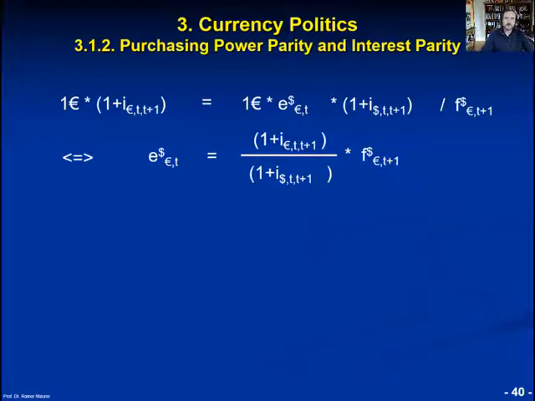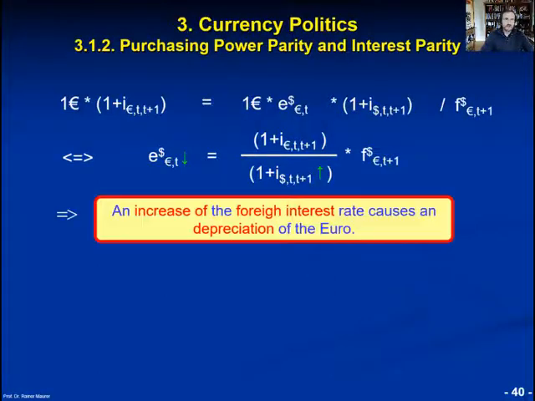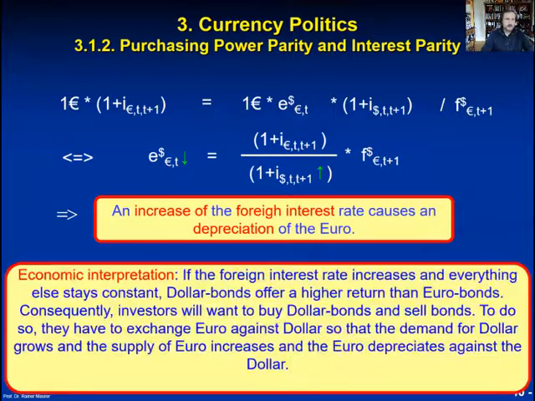To the contrary, an increase in the foreign interest rate will cause a depreciation of the domestic currency if all other variables stay constant. The economic explanation for this mechanism is: if foreign interest rates increase and everything else stays constant, dollar bonds will offer a higher return than euro bonds.